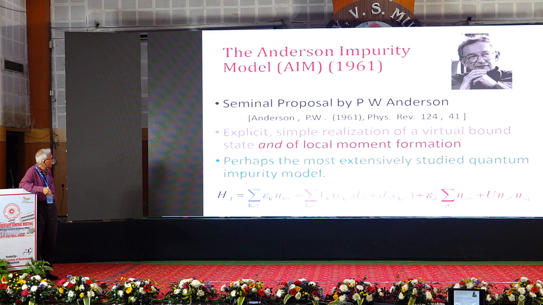But before I do that, Anderson made a seminal proposal in 1961, which is called the Anderson impurity problem, and it's an explicit and simple realization of a virtual bound state and local moment formation, and it's perhaps the most extensively studied quantum impurity model.